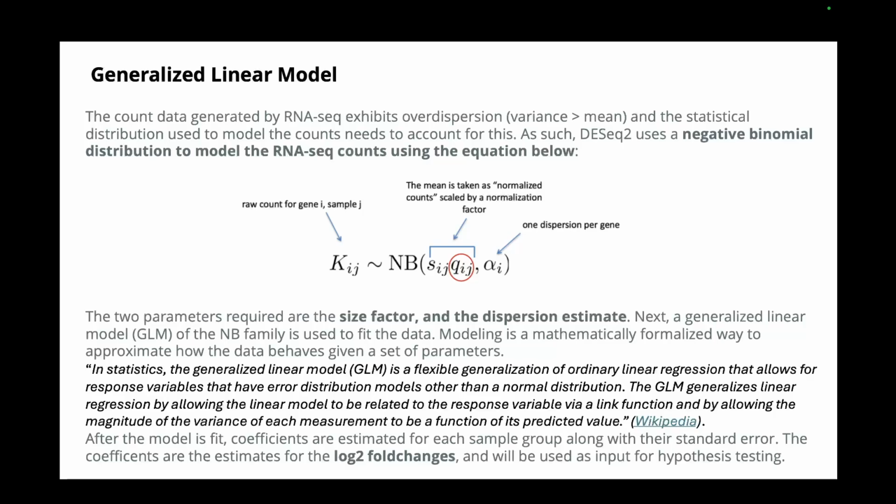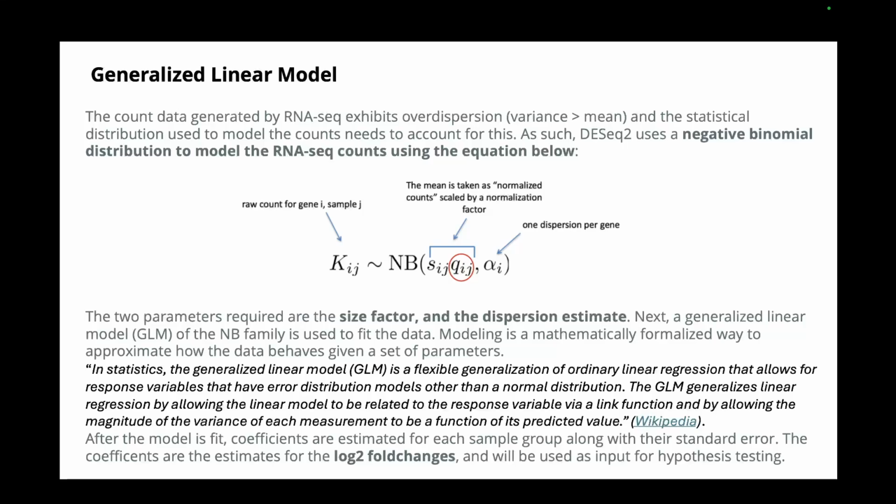After the model is fit, the coefficients, basically your parameters, are estimated for each sample group along with the standard error. The parameters are usually estimated by maximum likelihood estimation, or you can use other estimation techniques as well, but in many cases you'll see MLE used.